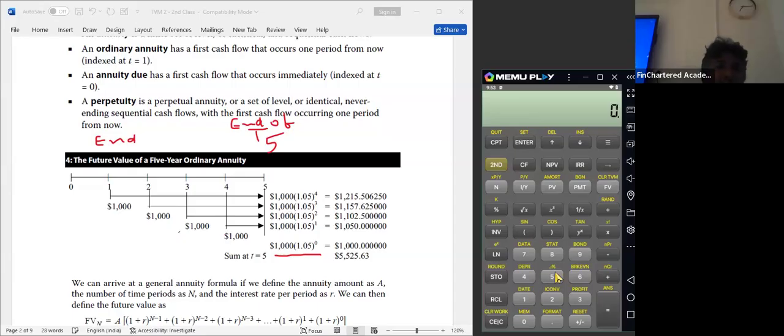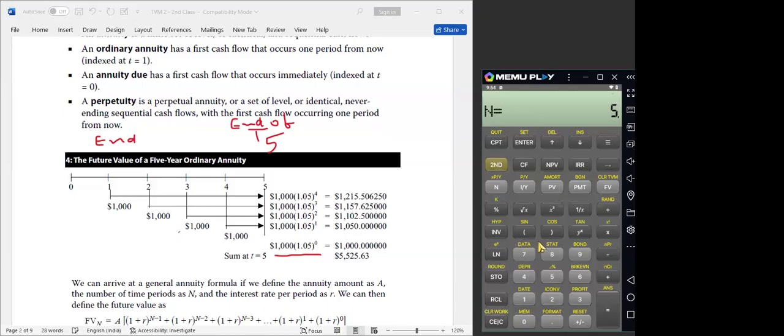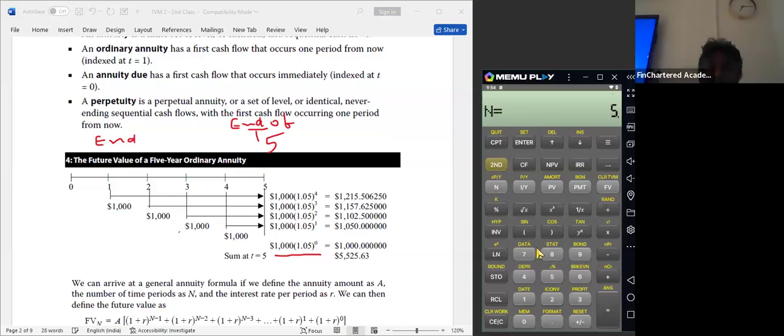So should I take N as 5? Correct, N has to be 5. And then what is going to be my PV? 1,000? It won't be 1,000, because whatever periodic investment I'm going to make, I'm going to give all of that in the PMT. So I'll keep my PV as 0.